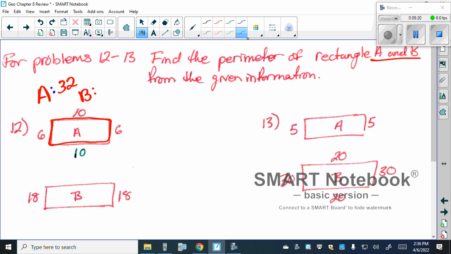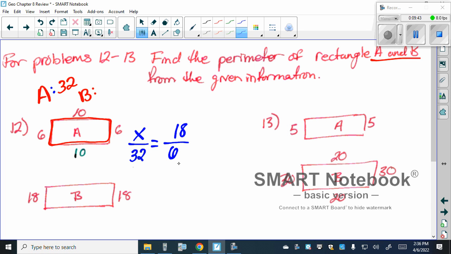Well, we said that the perimeters are proportional, same proportion as the proportions of the sides. So what we could say is that the perimeter of B over 32 is equal to, almost, 18 over 6.